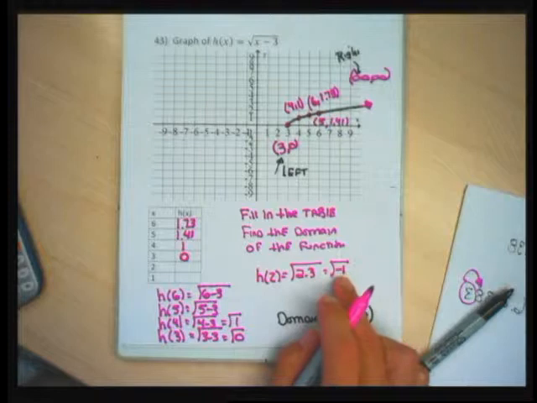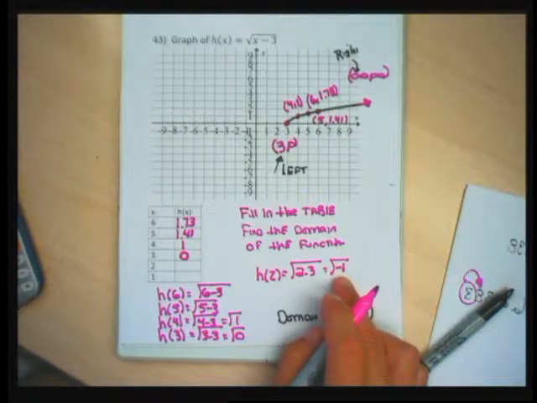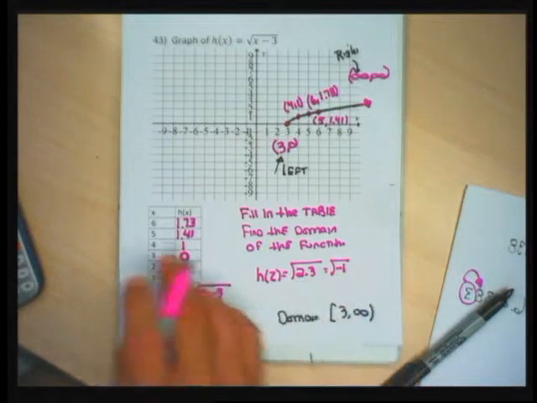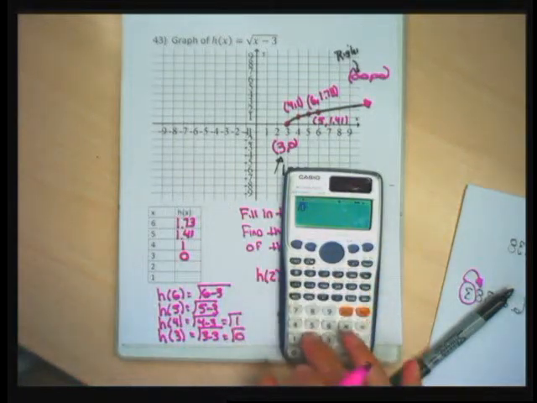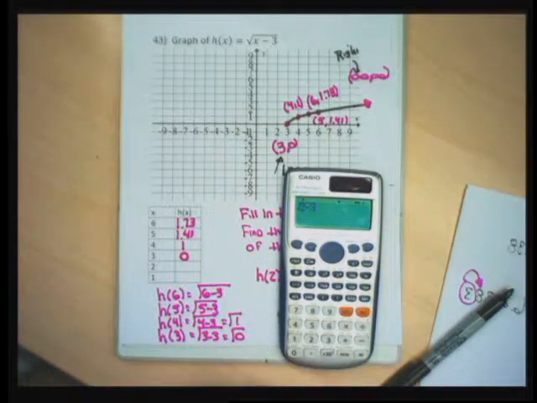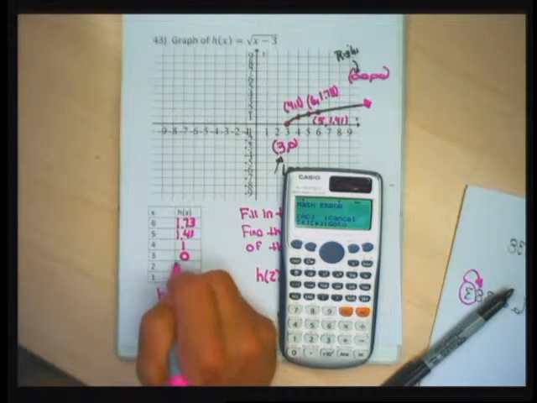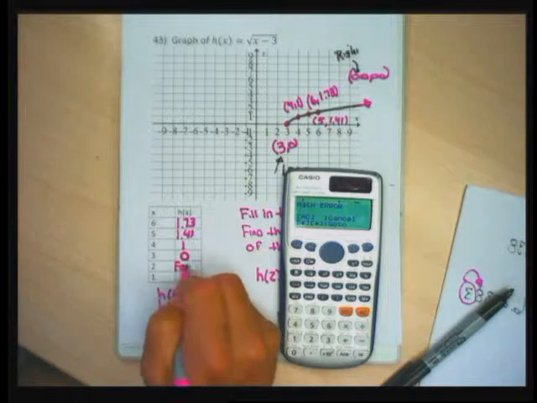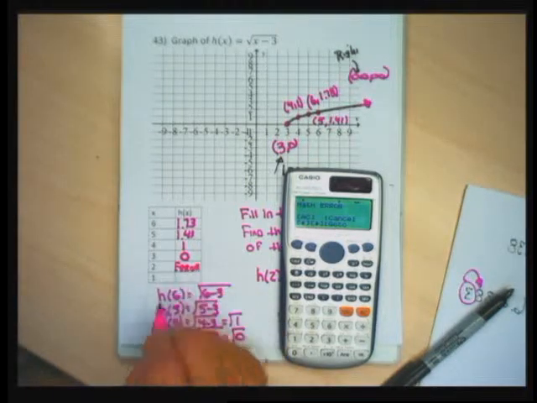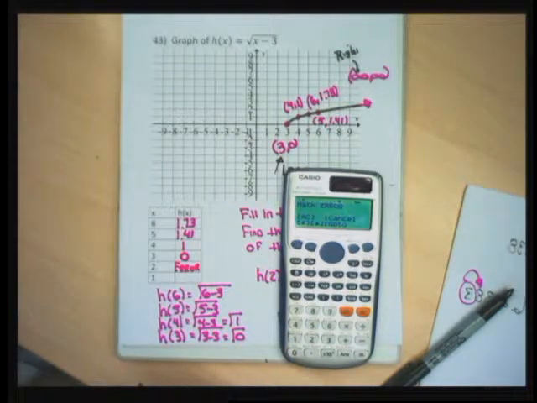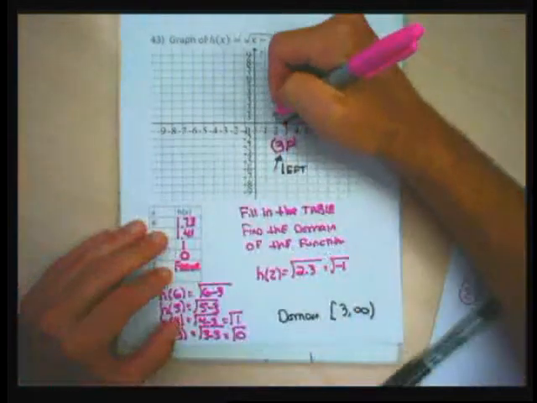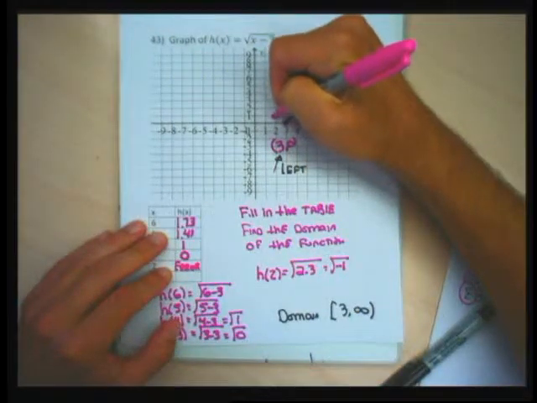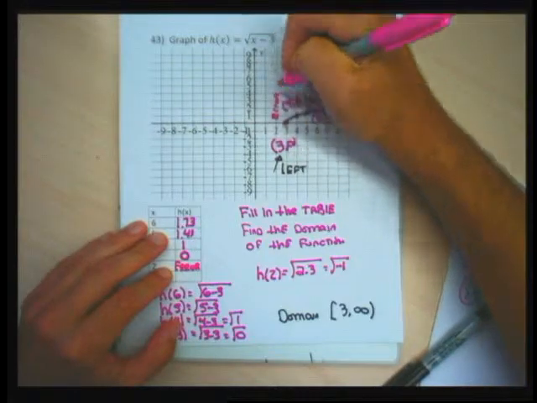There's no two numbers I can multiply to get a negative unless one of them was positive and one of them is negative. So when I do this on my calculator, it can't be done. When I do the square root of 2 minus 3, I get math error because there is no number that you can multiply by itself twice to get a negative number. And this is why on my graph, there's no graph right here, because I get an error.